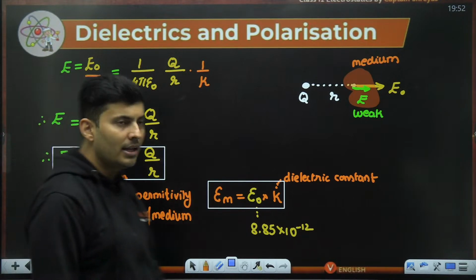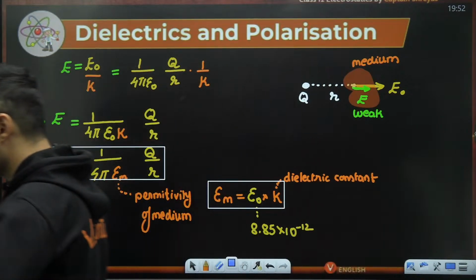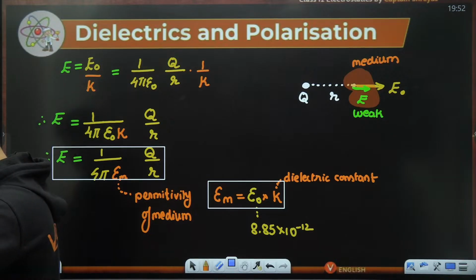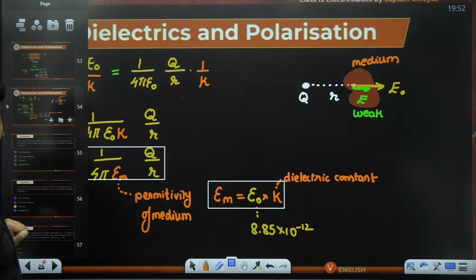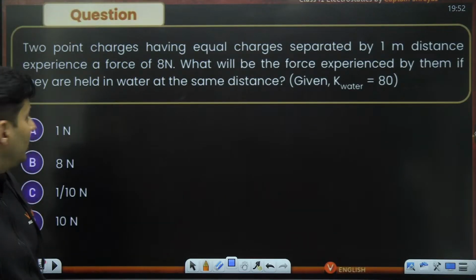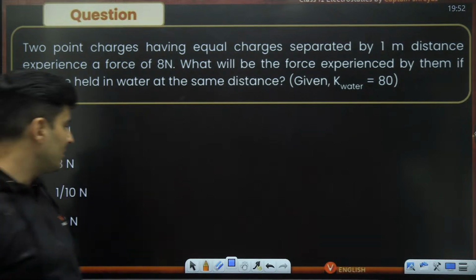Okay, everybody, till this point, is it absolutely clear how this concept of dielectric works? Okay, I'm so glad, Roshish. Let's do some questions and I'll quickly give you some question formulas. Imagine this. Two point charges have some distance between them and there is 8 Newton force. How much force will be there between them if they are in water at the same distance?